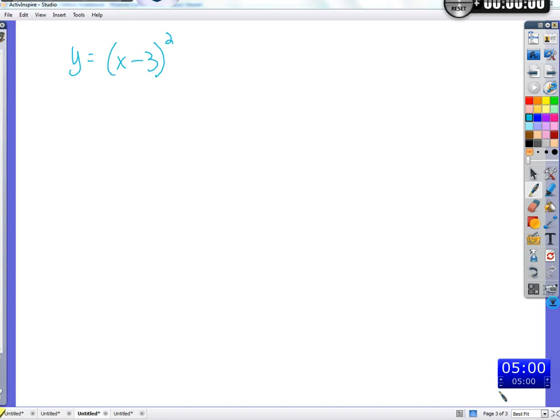Then when it comes along to a new function, you're going to say, well, when I take the basic function and I add 1, it's going to move it up 1. If I multiply it by 3, it's going to make it 3 times as steep. It's all the same. They all do the same things. And if we can recognize these patterns, this makes it all that much easier to do.